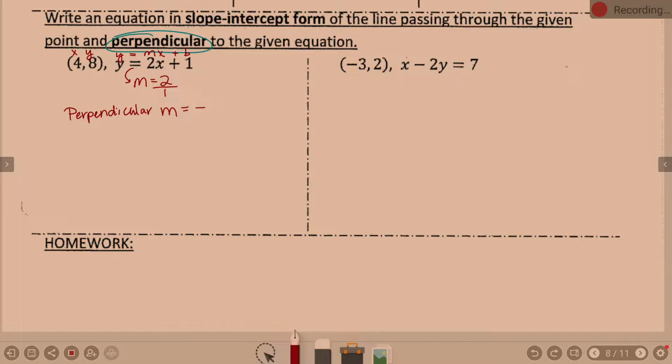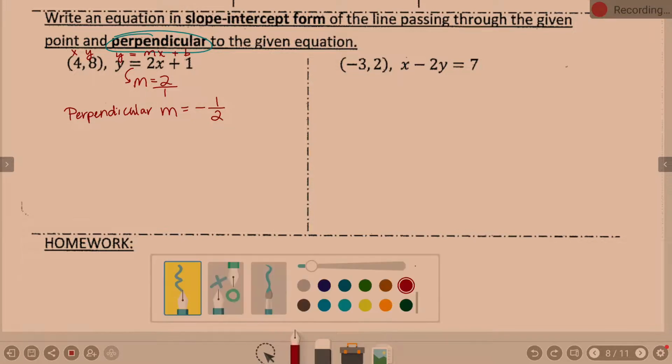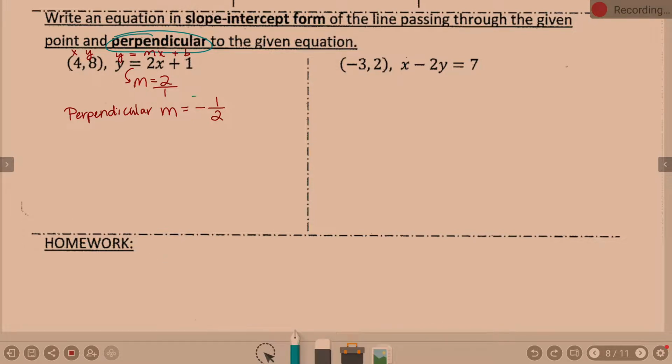Negative. What's the reciprocal of 2 over 1? 1 over 2. So we're going to be using the slope of negative 1/2. And we're going to be using the x and y values of 4 and 8. Okay, let's find b.